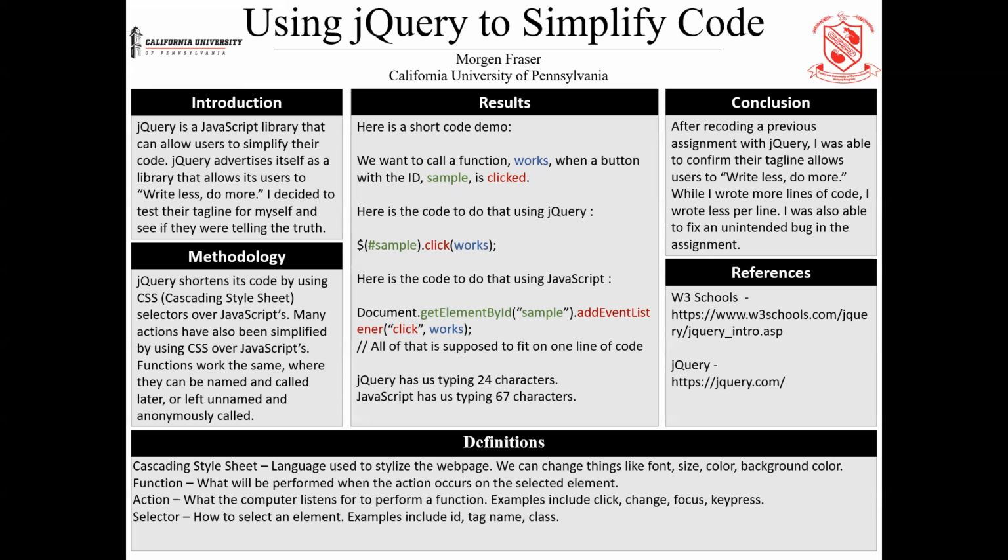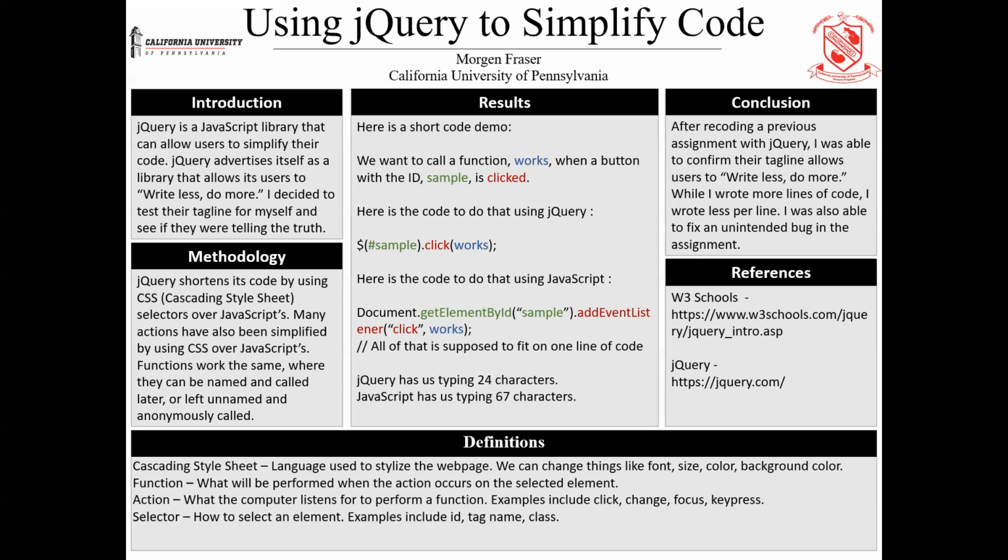For the action of click, jQuery has us writing .click, while JavaScript writes out addEventListener, open parentheses, open double quotes, click, close double quotes, comma. To call the function works, jQuery has us putting works inside of parentheses, and JavaScript has us writing works after the action.